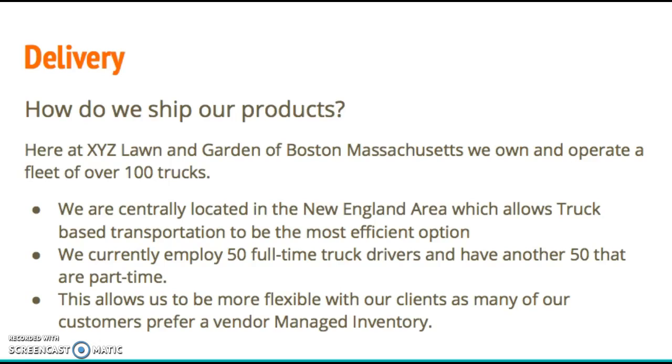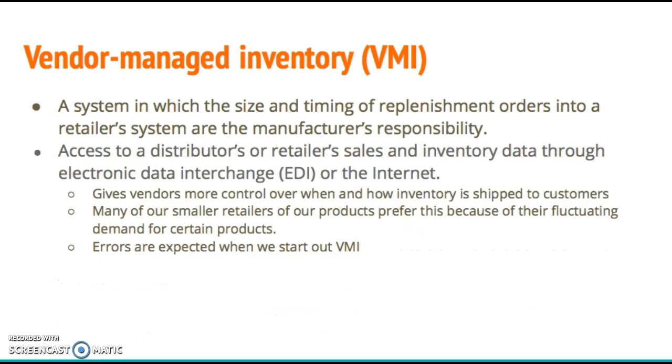This allows us to be more flexible with our clients, as many of our customers prefer a vendor-managed inventory. Vendor-managed inventory is a system in which the size and timing of replenishment orders into a retailer's system are the manufacturer's responsibility. A distributor's or retailer's sales and inventory data are accessed through electronic data interchange, EDI, or the internet.